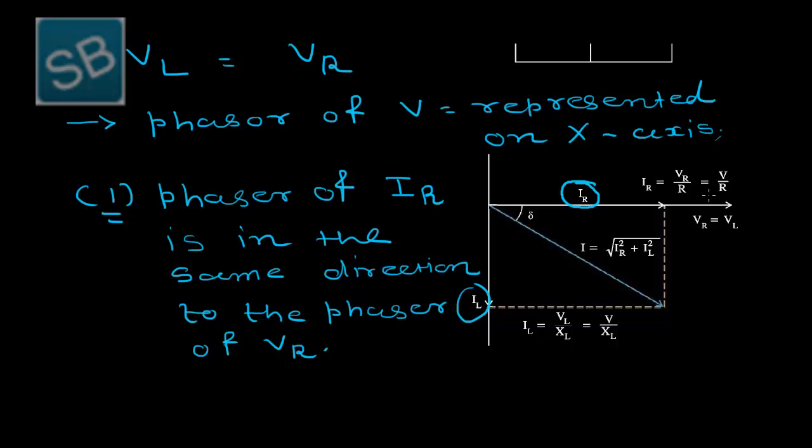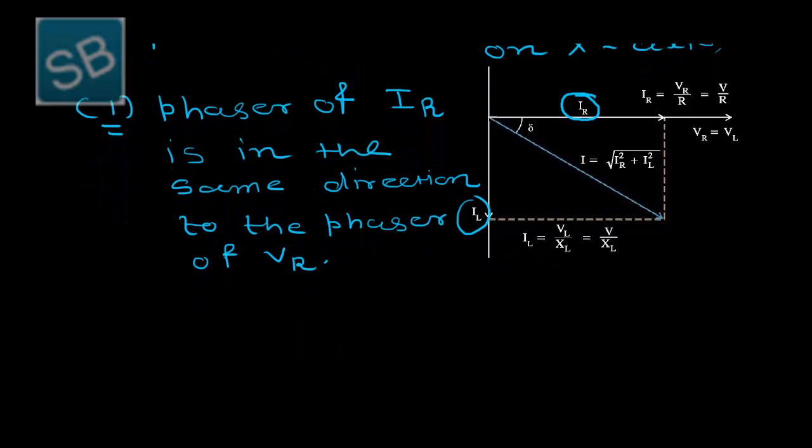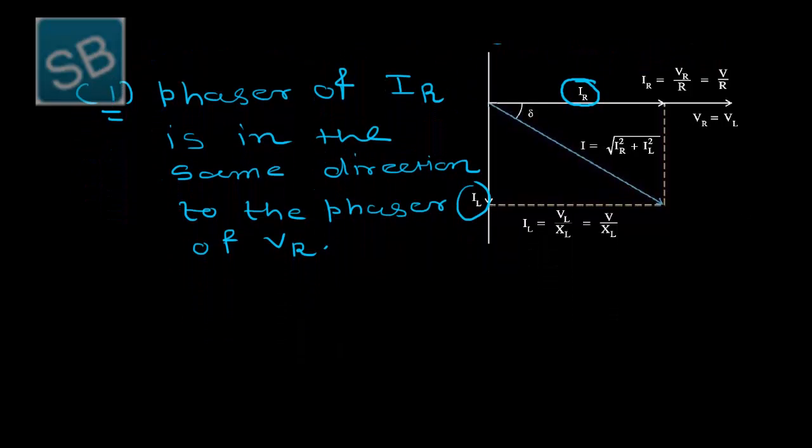Now you see, up to the last theory, we have determined the direction of the phasor VR from the direction of the phasor IR. But here a reverse case has been placed, in which the phasor of IR is determined from the direction of the phasor of VR.